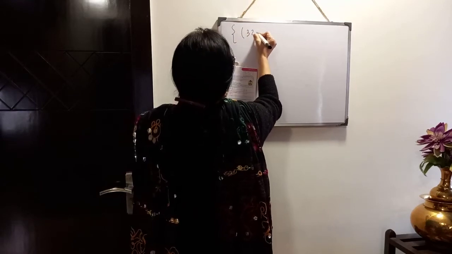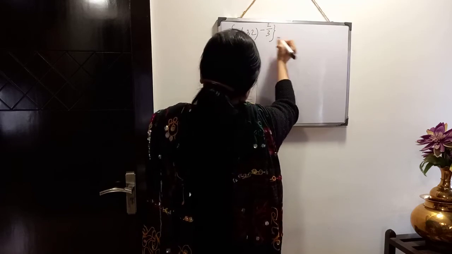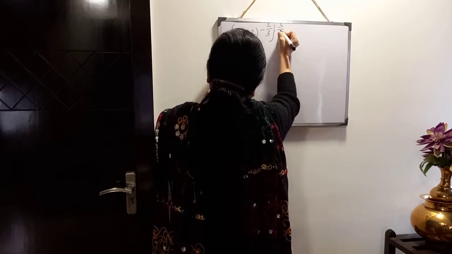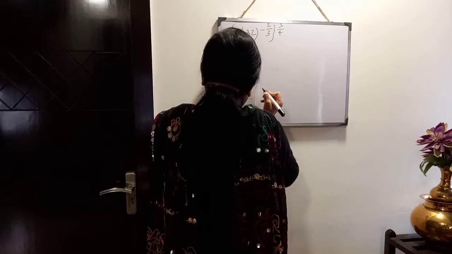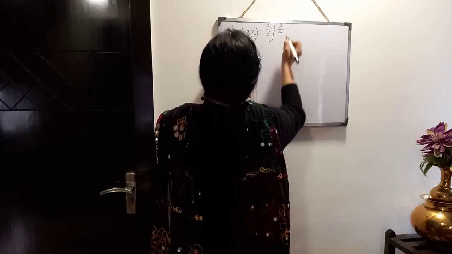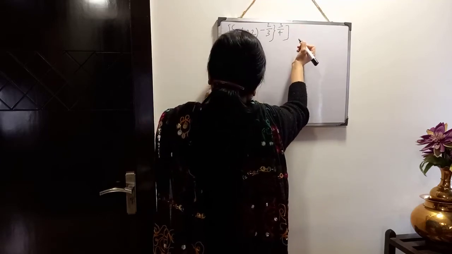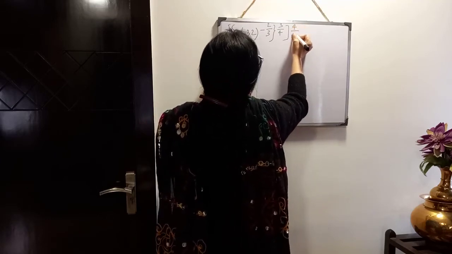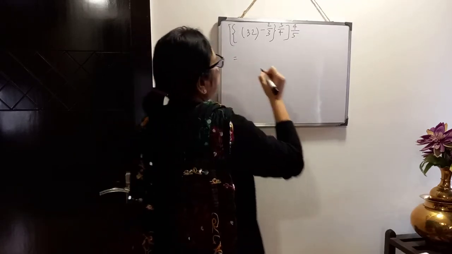Find the simplest value of this, 32 to the power minus 2 by 3, there will be one third bracket also, into 3 by 4 into 4 by 5. Clear? Now 32, it is even number.